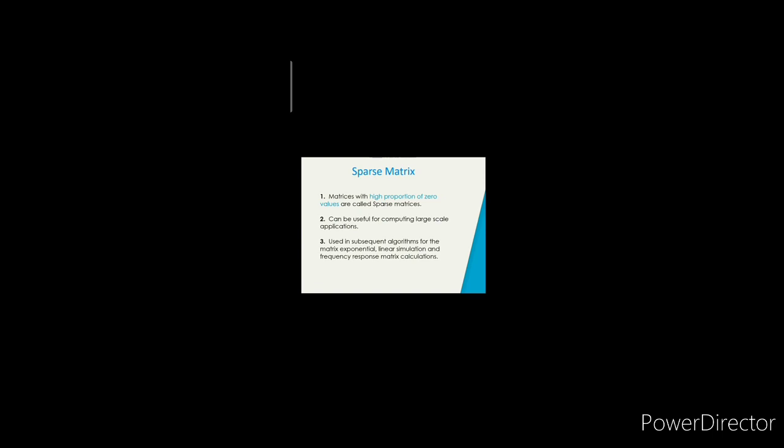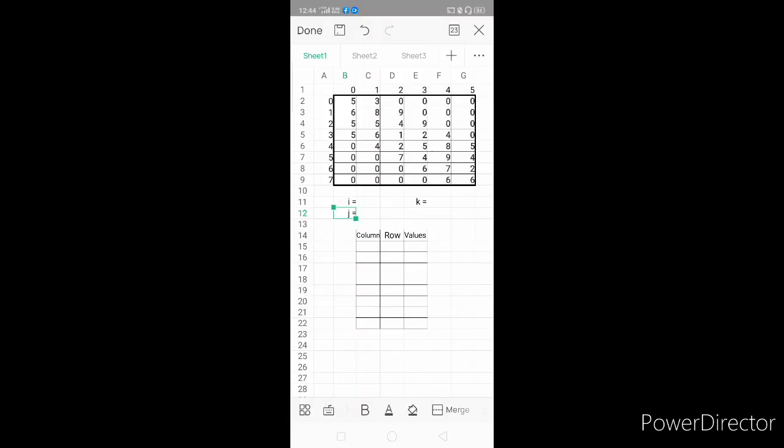In addition, matrices with a high proportion of zero values are called sparse matrices. They can be useful for computing large-scale applications, used in subsequent algorithms for matrix exponential, linear simulation, and frequency response matrix calculations.